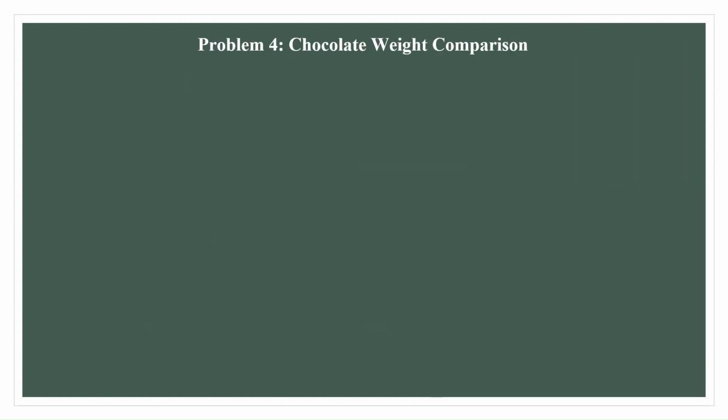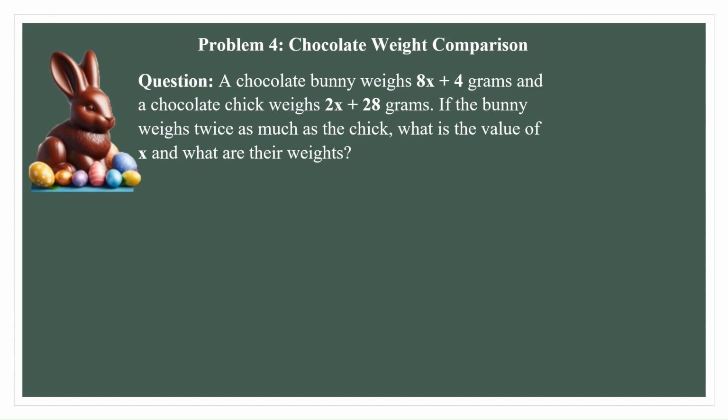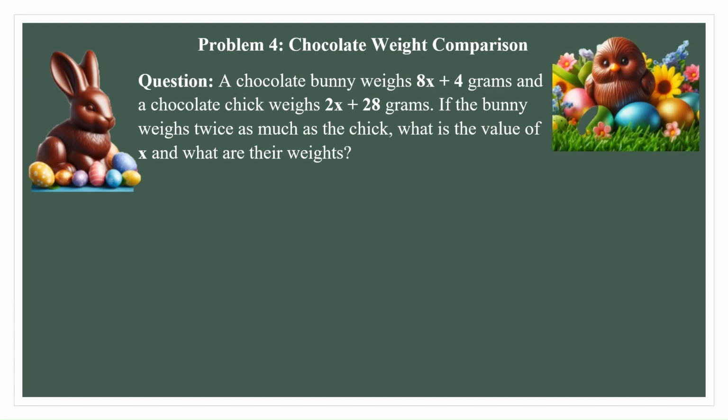Now the last question, chocolate weight comparison. A chocolate bunny weighs 8x plus 4 grams and a chocolate chick weighs 2x plus 28 grams. If the bunny weighs twice as much as the chick, what is the value of x and what are their weights? According to the given condition, 8x plus 4 is equal to 2 times 2x plus 28.